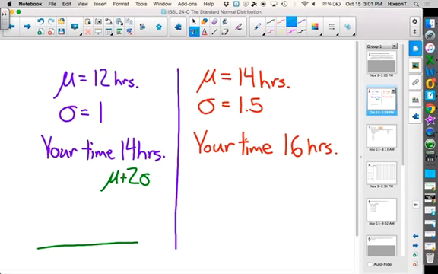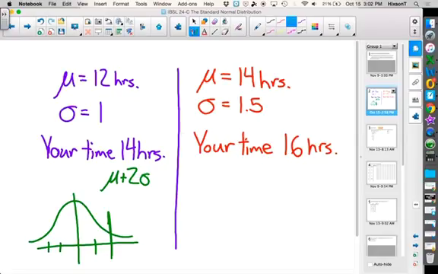If you were looking at your time relative to everybody else, here's our mean, 1 standard deviation, 2 standard deviations, you're at like the bottom 2.5%. Pretty bad. You'd be at the slowest 2.5%, because 2 standard deviations contains 95% of the data, and then there's another 2.5% on either end.